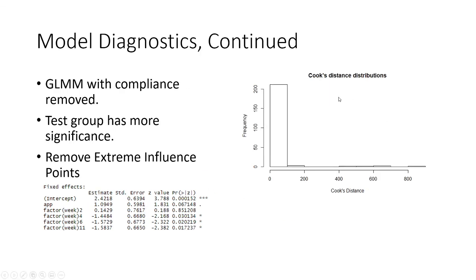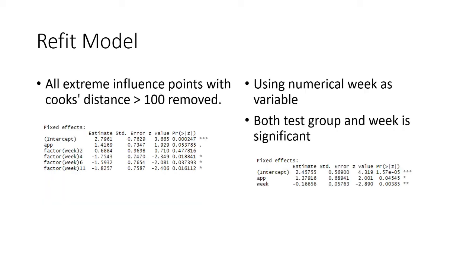In addition, I have done a Cook's distance test at this stage. There are some extreme influence points, especially those with influence greater than 100. Those I will remove for the next model.